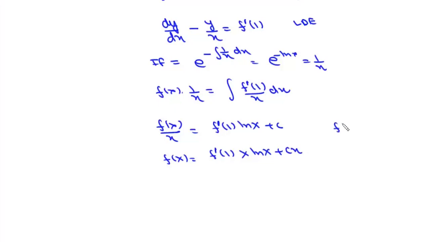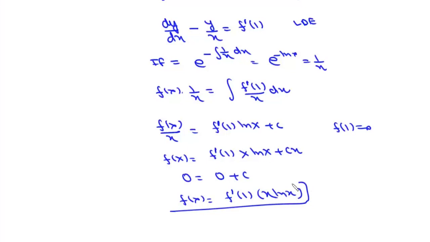Now we know that f(1) is 0. So if we put x as 1, we'll get c as 0. So our function f(x) will be simply f dash 1 into x log x, and that is the answer to this question.